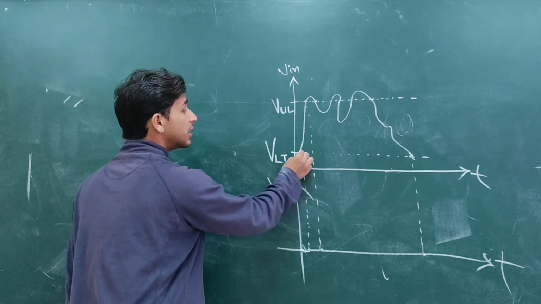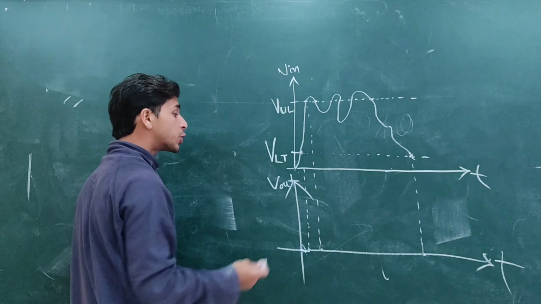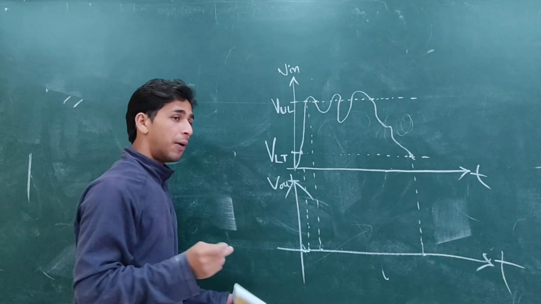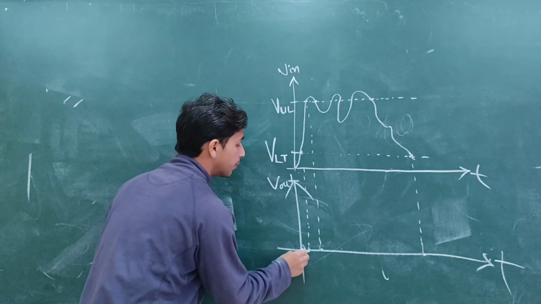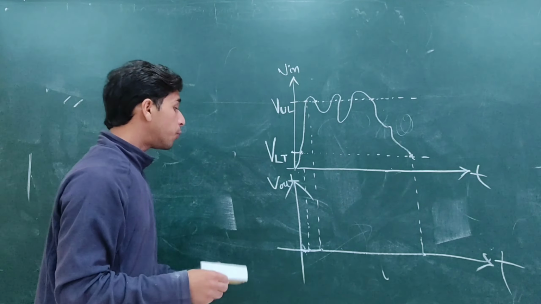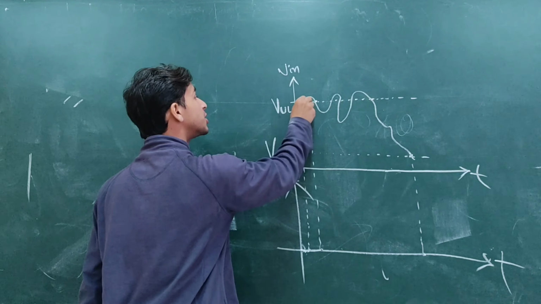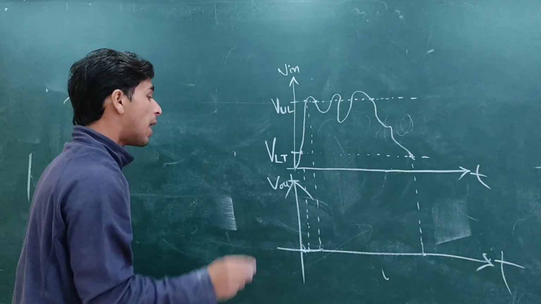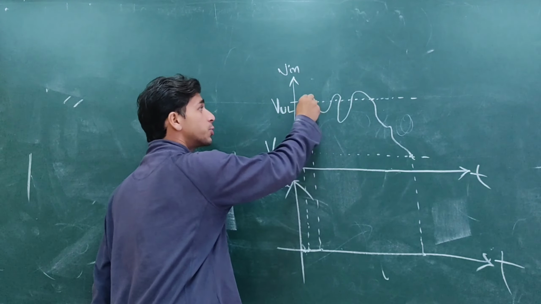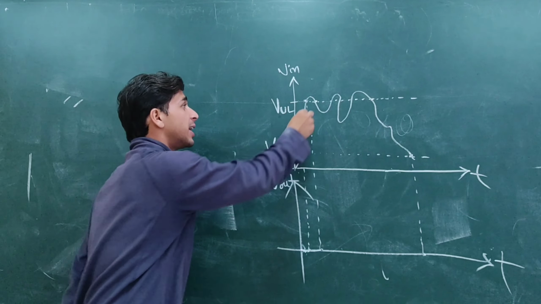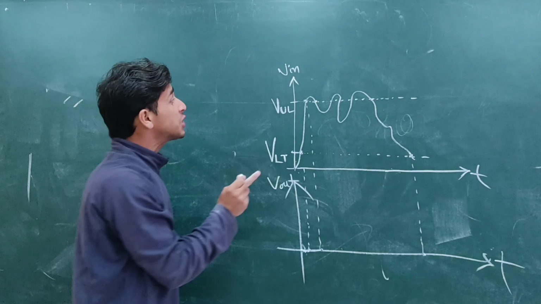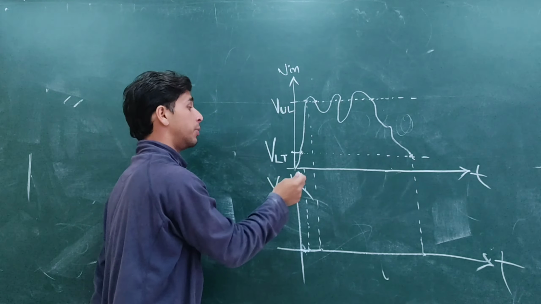It increases, it crosses the lower threshold limit, but still our output will be 0. Our output will become high only if the input crosses or touches the upper threshold limit. At this point you notice that our input touches the upper threshold limit.